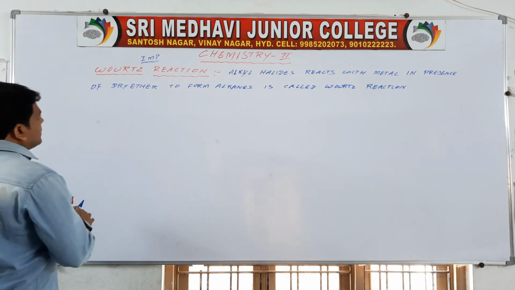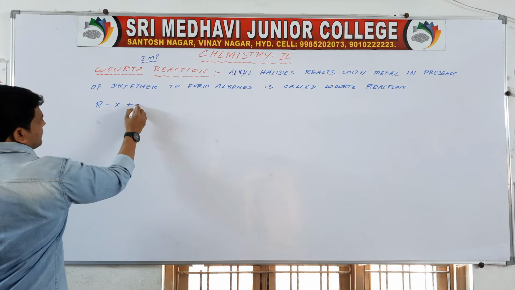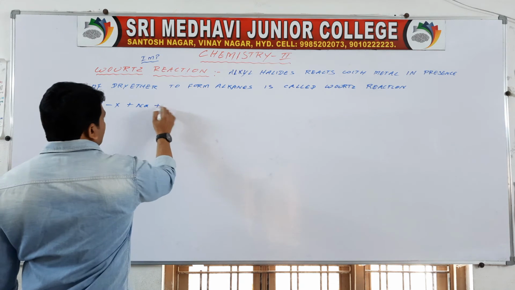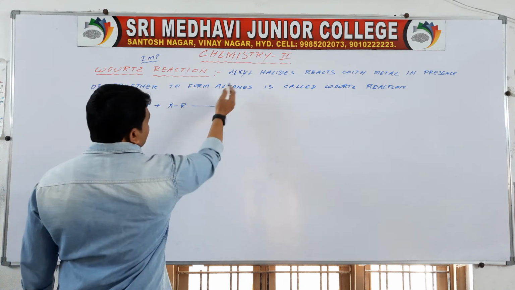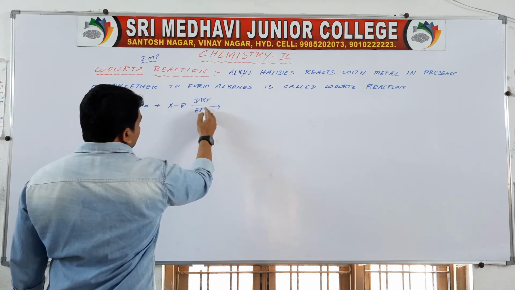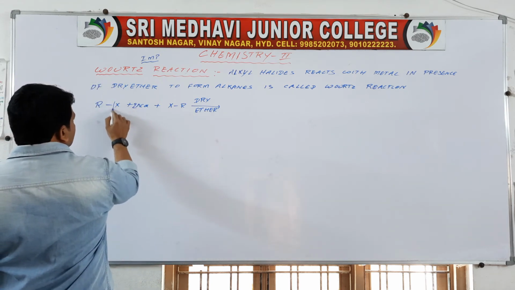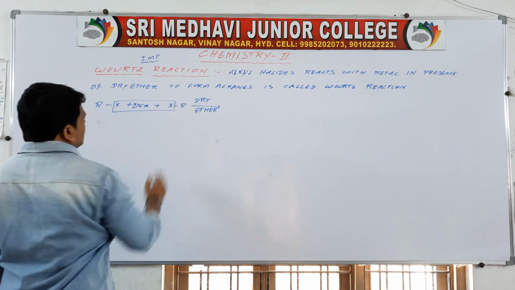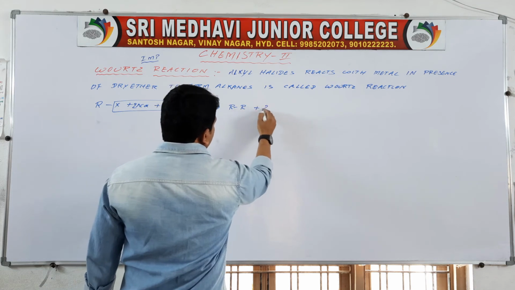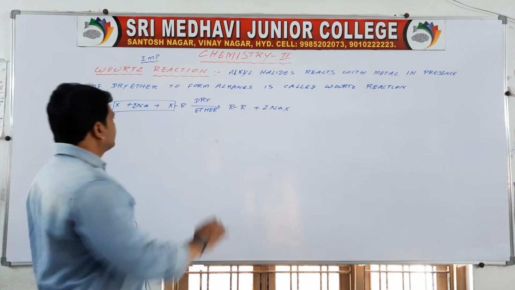So alkyl halides means RX plus sodium plus XR in the presence of dry ether. If you take 2Na, it is eliminated, so R-R is formed, plus 2NaX. It is an alkane.